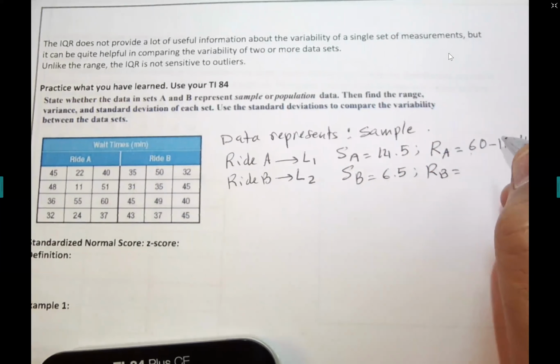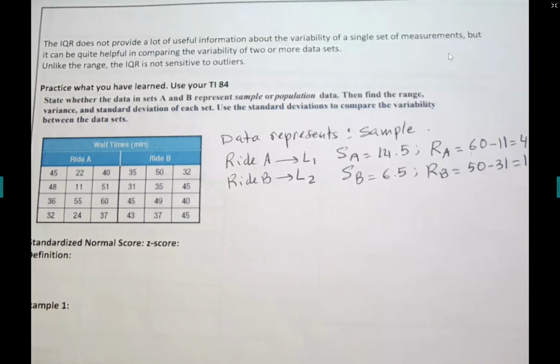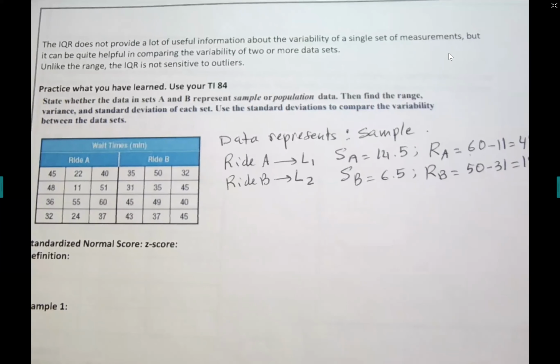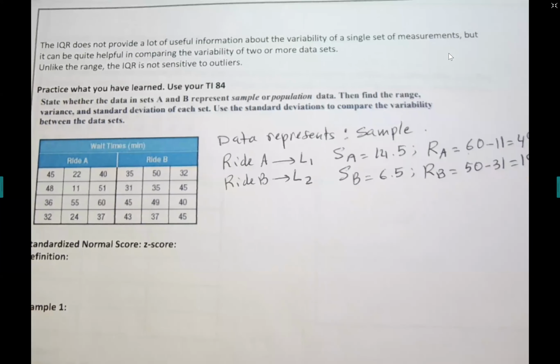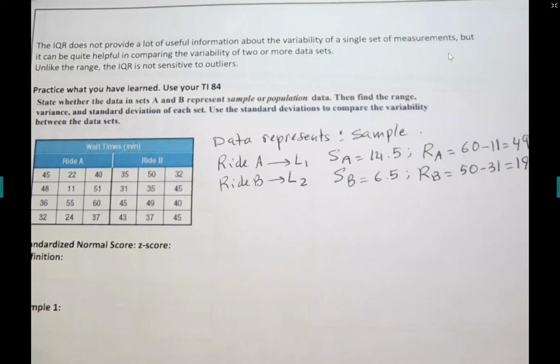And we said maximum is 50 minus 31, which is 19. Let's answer the question now. Which set is more variable than the other, guys? Is it ride A data or ride B? You're gonna help me with this one.